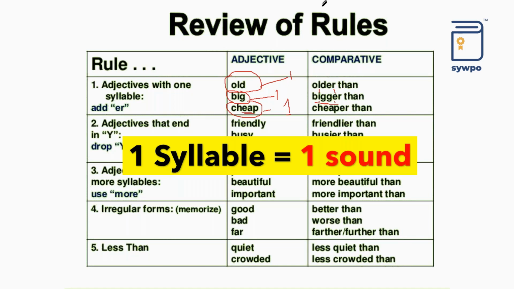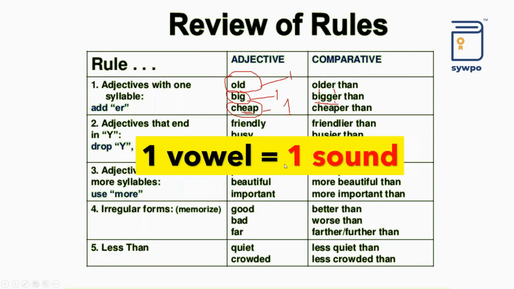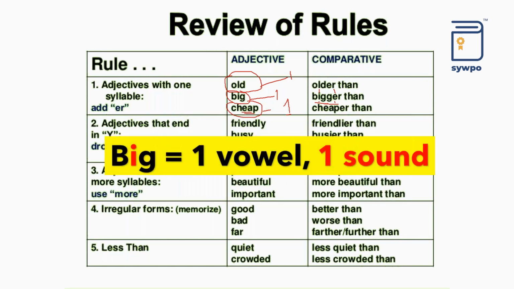Okay, and if I say one syllable or two syllables, it means I'm saying one sound or two sounds. So one vowel is one sound, and two vowels are two sounds. Right? If you look at this word big, you have only one vowel here.